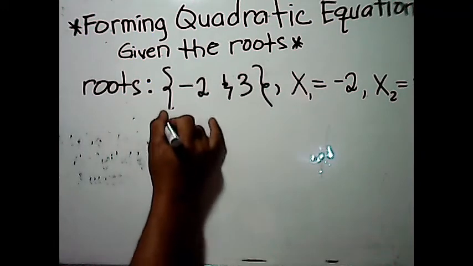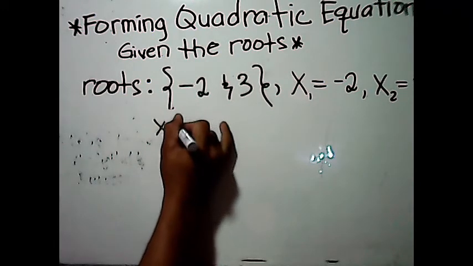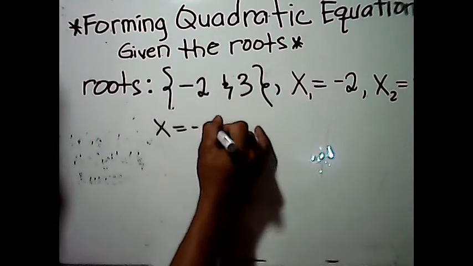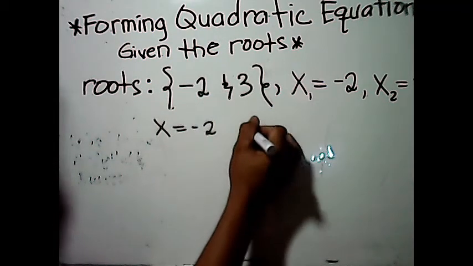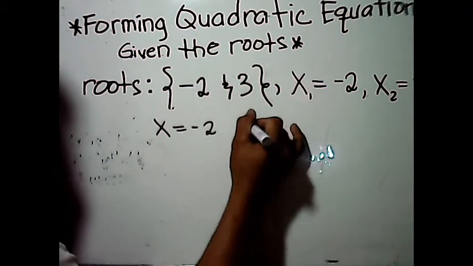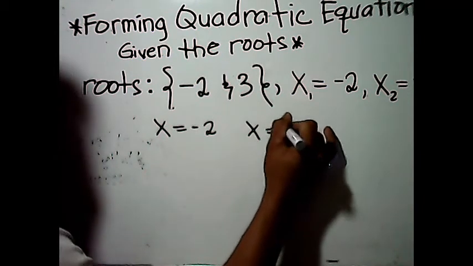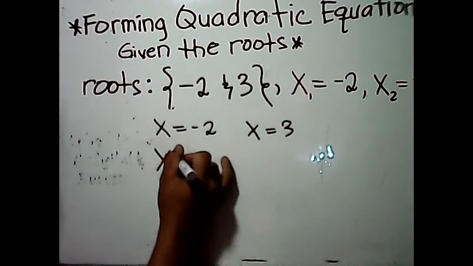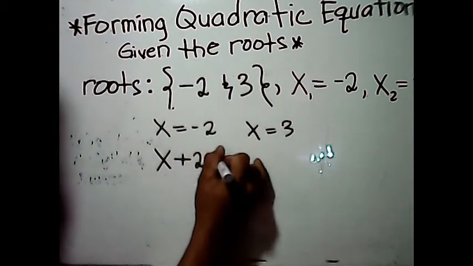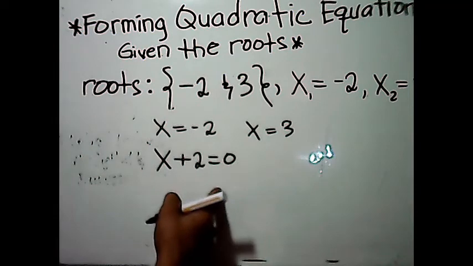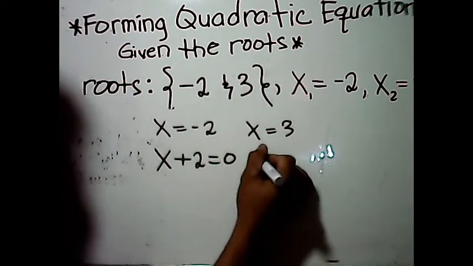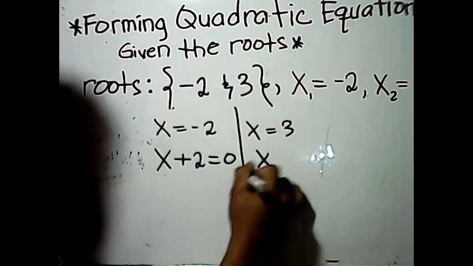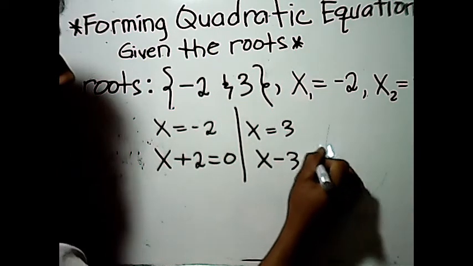So x equals negative 2 becomes x plus 2 equals 0, and the other one, x equals 3, becomes x minus 3 equals 0.